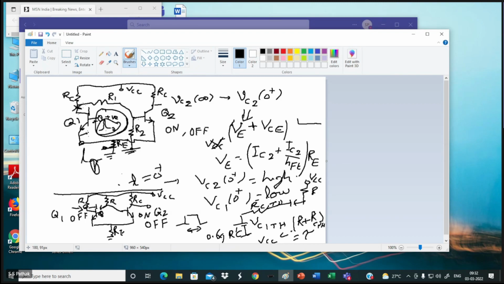What is your Thevenin's resistance here? At this point, I have given a cut here. So VCC and R is coming at this point, and parallel to this is R1 parallel to R2. Oh, sorry.